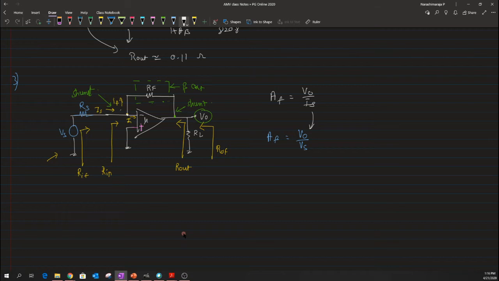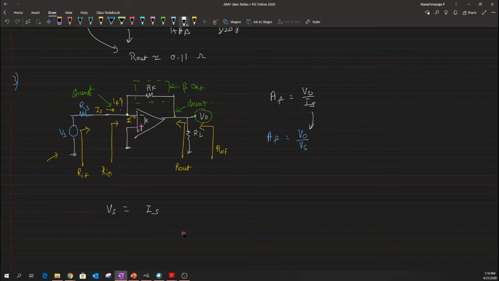Okay, so what I am trying to say is that the relation between this Vs and Is is what we need to compute, and one could find this out from the current that flows through this Rs.